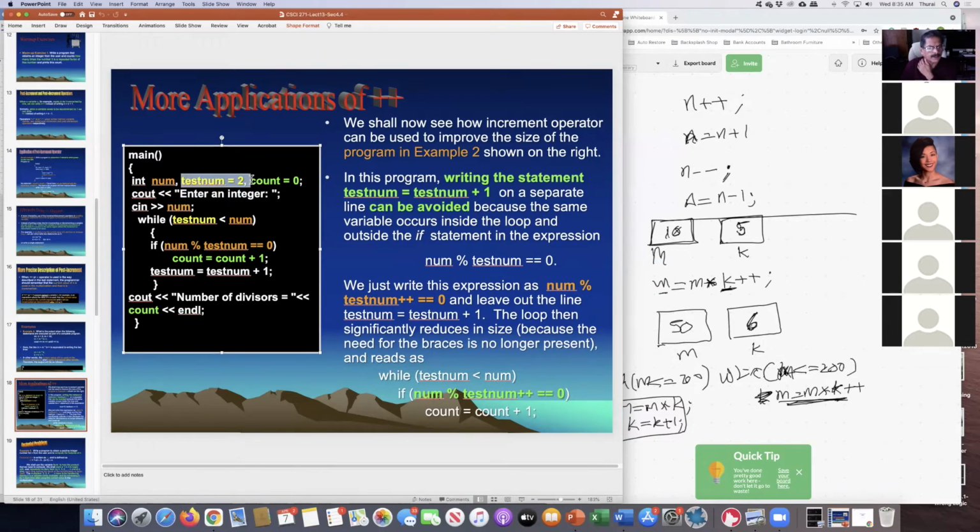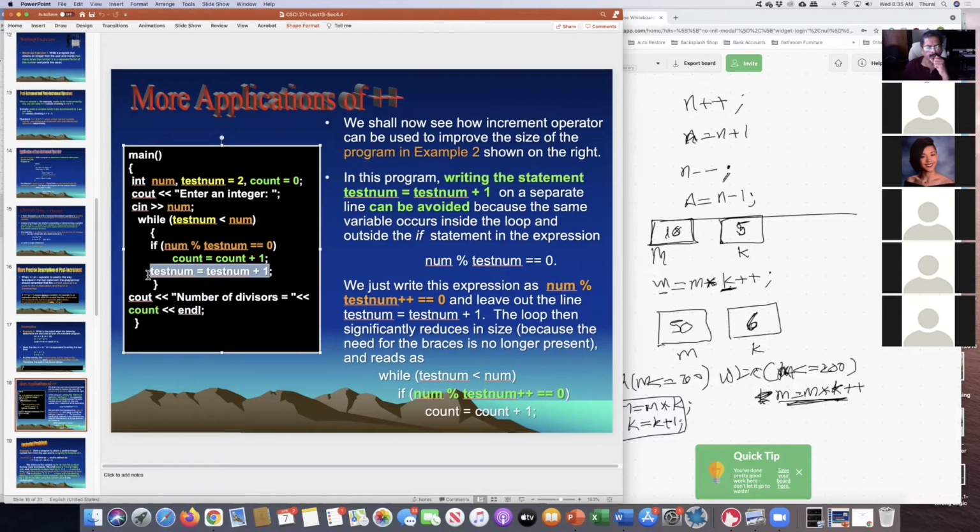Test num starts at 2, and while test num is less than num, if num modulus test num is 0, that means if test num divides num evenly, then my counter goes up. So that way I'm counting all the divisors of num. So right after testing test num, if it is a divisor, count goes up, otherwise count doesn't go up. Either way, test num needs to go up. That's why test num equal to test num plus 1 is outside the if, it's not inside the if.